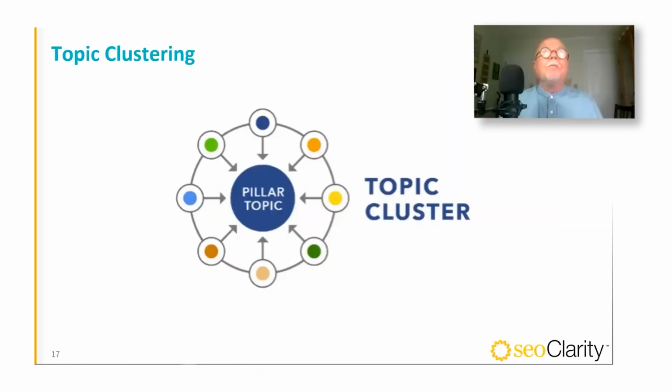But another more directly content and SEO related tactic that we promote very heavily at SEOClarity is this idea of topic clusters. Once you begin to get a certain amount of content on your site and you see what people are interested in, what they respond to, and what performs for you, you'll start to get a better idea of the main topics of your site, as we've been talking about.